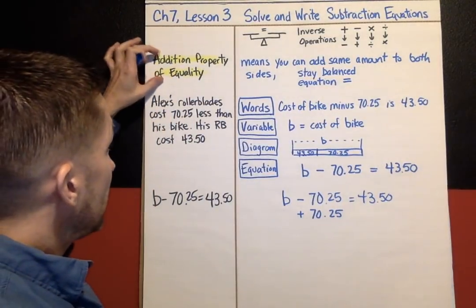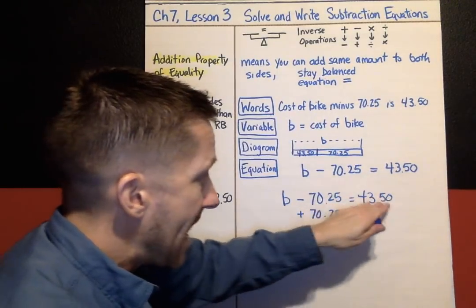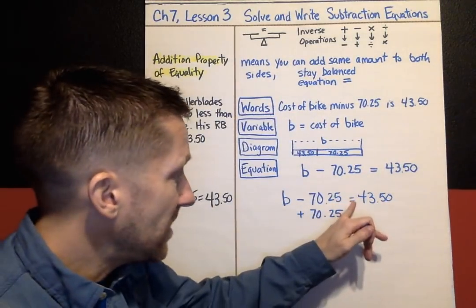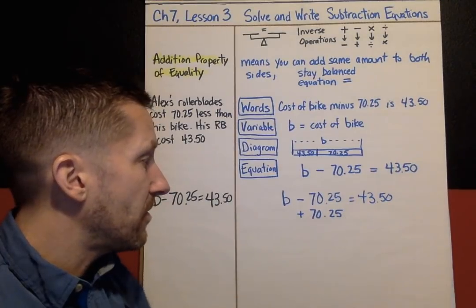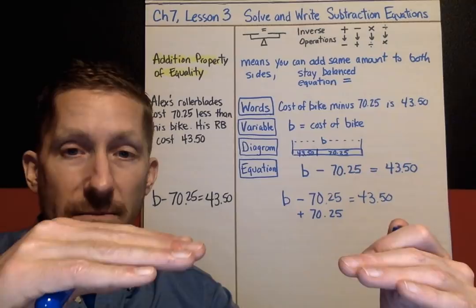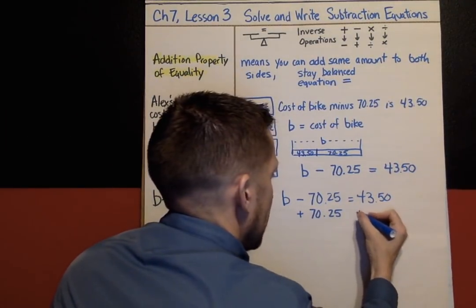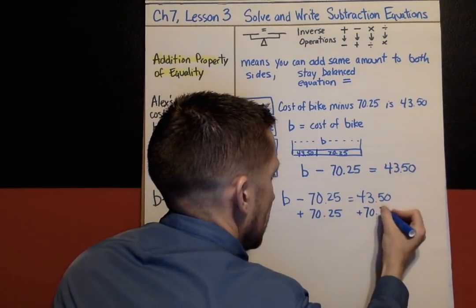But because I have added $70.25 to this side, I have to add it to that side because of that equal sign that is super powerful. If I didn't add $70.25 to this side, my scale would be out of balance. So I have to add this to both sides.